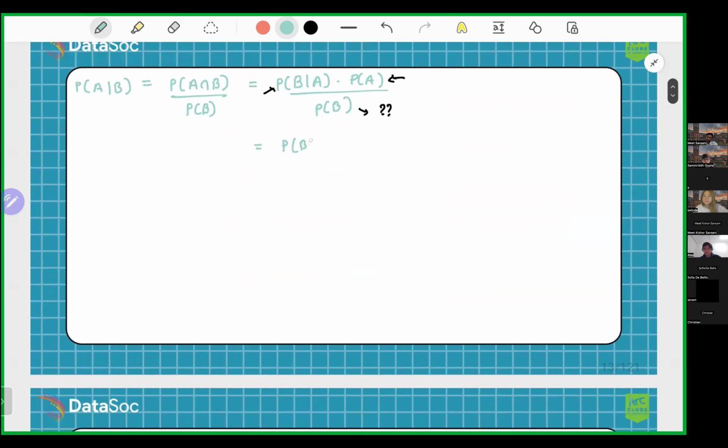probability of B given A into probability of A upon probability of B intersection A plus probability of B intersection A complement. This is the same as the formula, so there's nothing new in this. But we still don't know the probability of B intersection A or B intersection A complement.